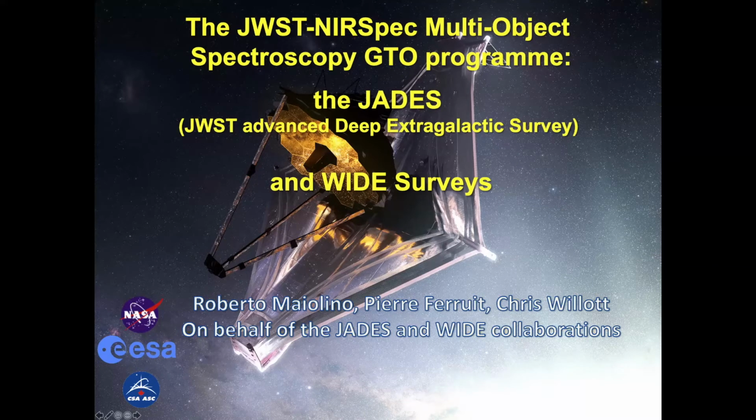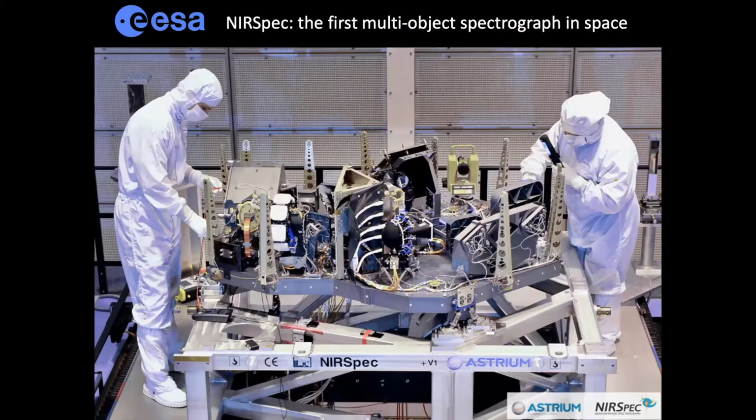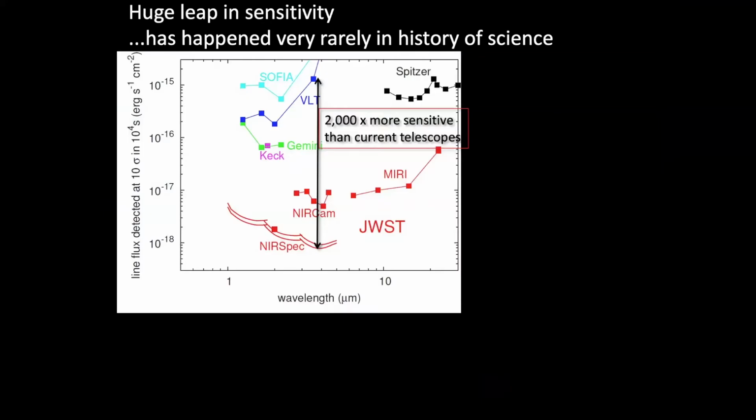Now, NIRSpec will be the first multi-object spectrograph in space, and will enable, together with JWST, a leap in sensitivity, especially in spectroscopy, and especially in some spectroscopic bands, some wavelengths, by orders of magnitude. And this has happened very rarely in the history of science.